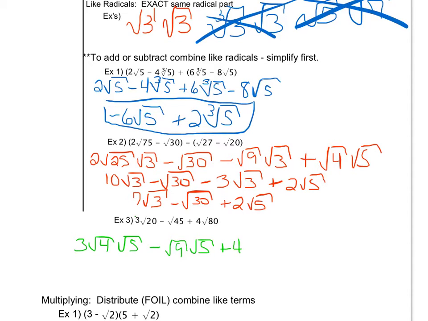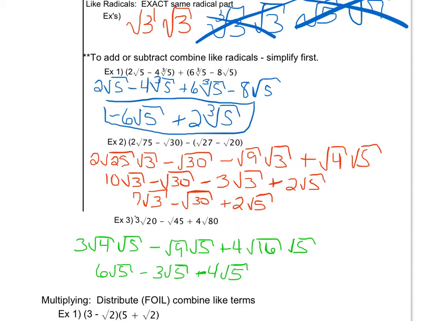And I know that 5 times 16 is 80, so I will write that as 4 square root of 16 square root of 5, giving me 3 times the square root of 4, which is 3 times 2 square root of 5, minus 3 square root of 5 plus 4 square root of 5.